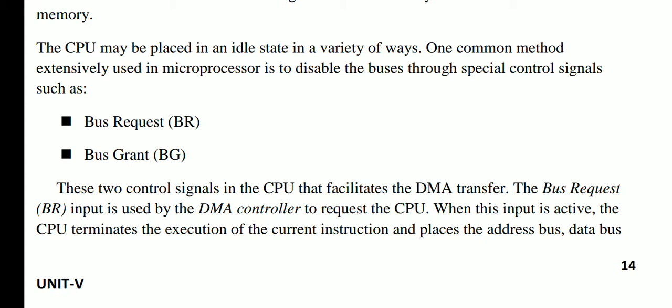One common method, extensively used in microprocessors, is to disable the buses through special control signals such as bus request and bus grant. These two signals in the CPU facilitate the DMA transfer.